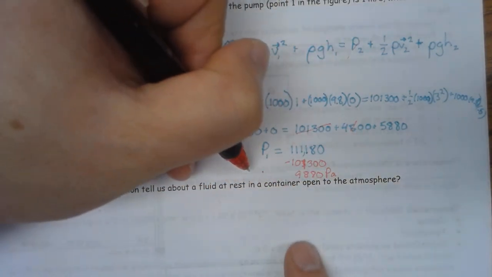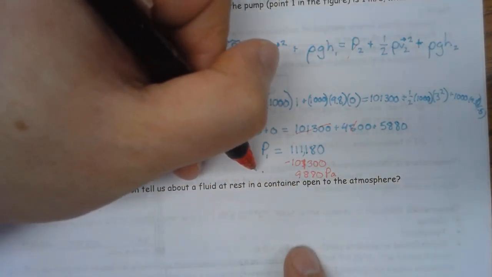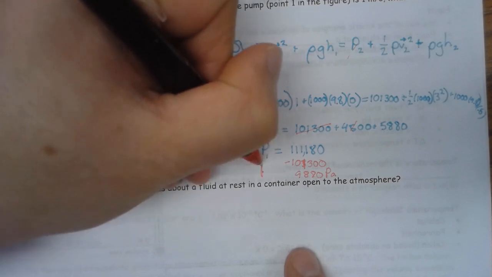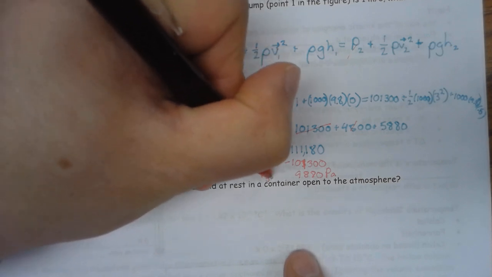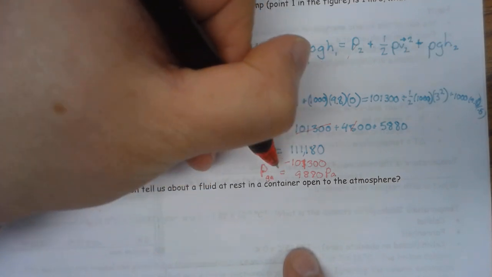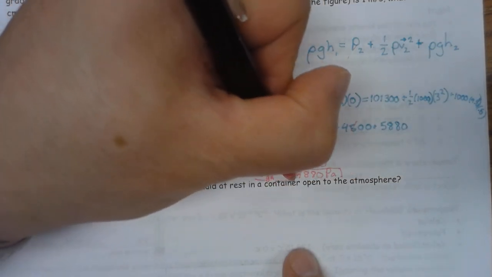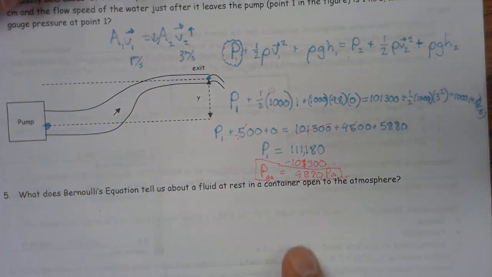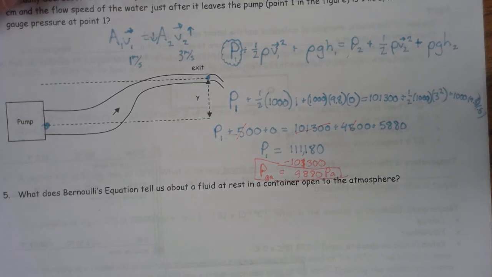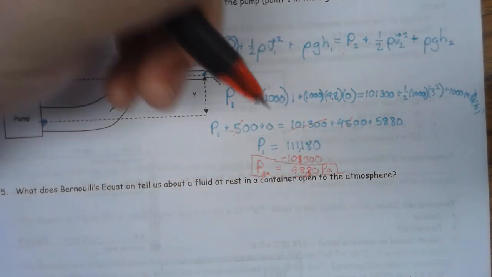And what do we call this one? Gauge pressure, right? Pressure GA, I think, is a good abbreviation. That's an 8, by the way, not a 9. All right.